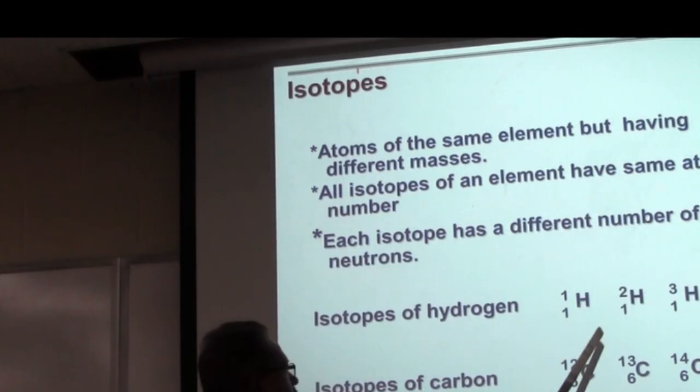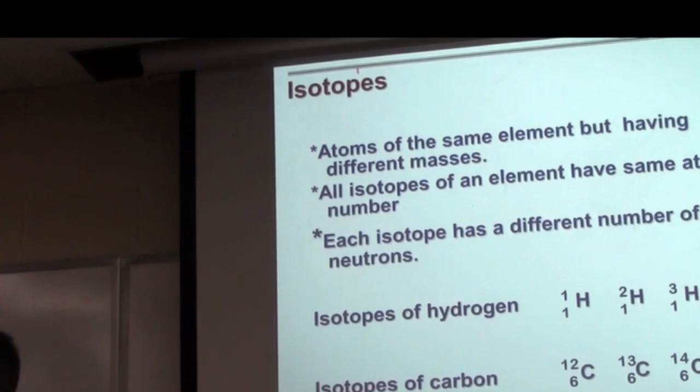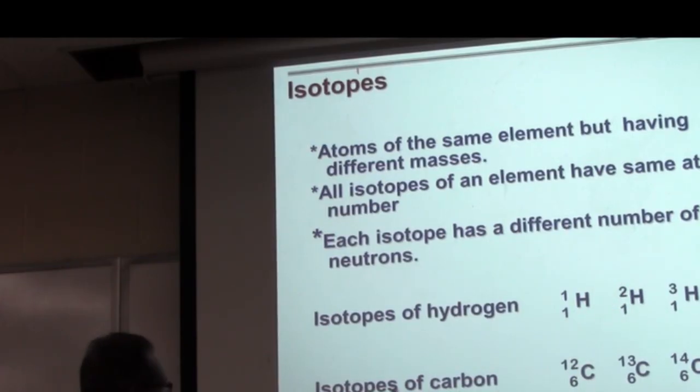Hydrogen is the only one where we name the isotopes, D and T. Hydrogen got special privileges, different isotopes, different names. Tritium is radioactive because of the imbalance in the neutron-proton ratio.